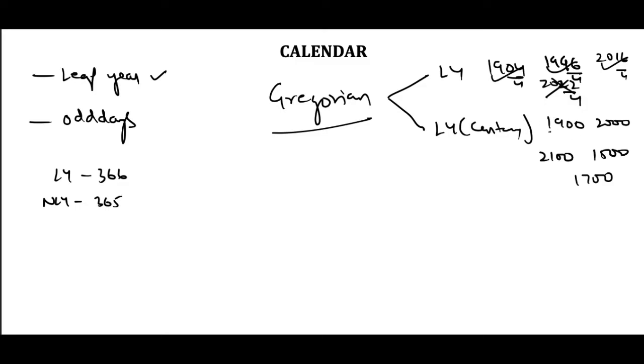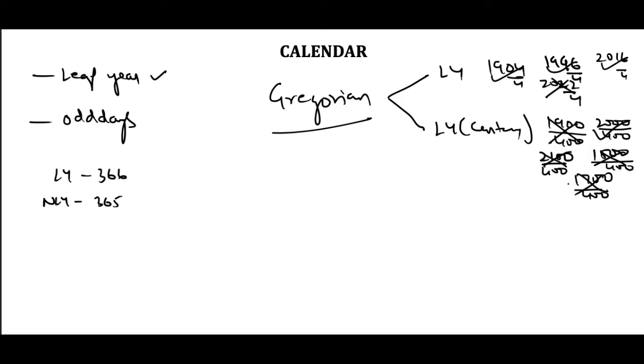So for a century year, we have to divide the whole year by 400, and if it is divisible by 400, that year is a leap year. 1900 is not divisible, so it is not a leap year. 2000 is a leap year, 1500 is not a leap year, 2100 is not a leap year, and 1700 is not divisible by 400, so it is not a leap year. So to find a leap year, for a normal year the last two digits should be divisible by 4, and for a century year the whole year should be divisible by 400.